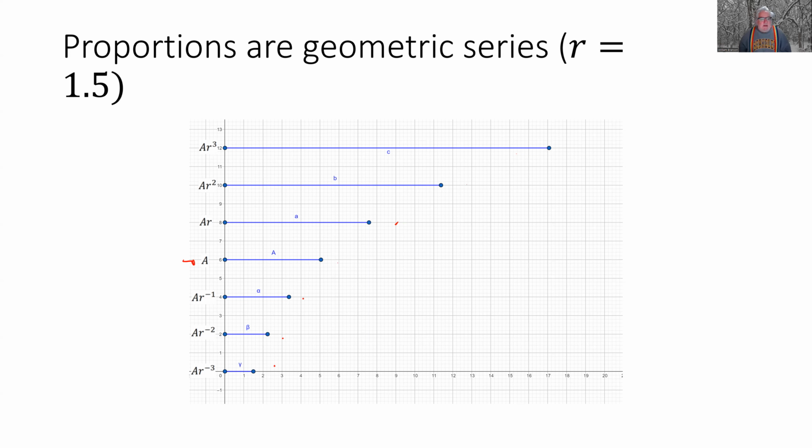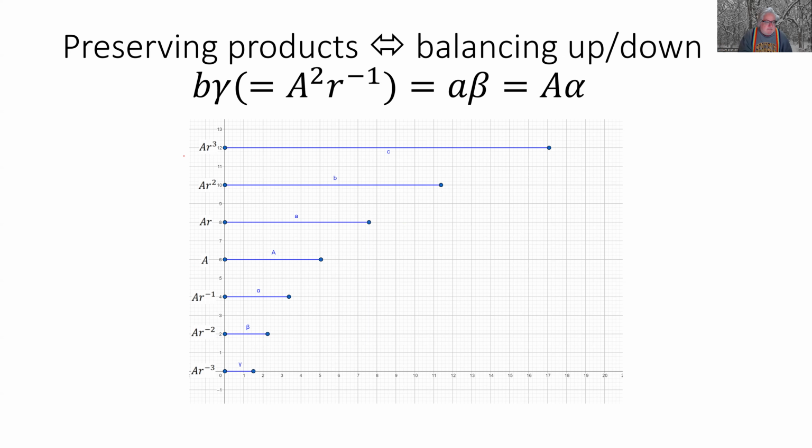So we think of the geometric series, Cardano doesn't, but he knows how to multiply things so as to keep the products the same, even though we've changed the proportions. So imagine taking the product B times gamma. So this is B, and this is gamma. B times gamma, we look at this and we say, well, that's AR squared times AR to the minus 3. That's A squared times R to the minus 1. But that's the same thing you get when you multiply A times beta.